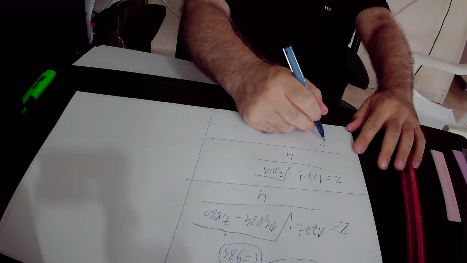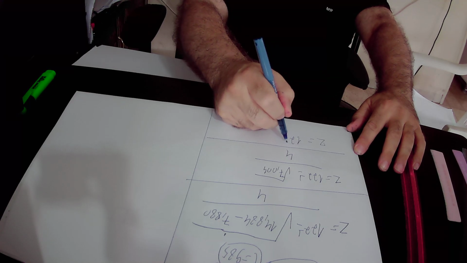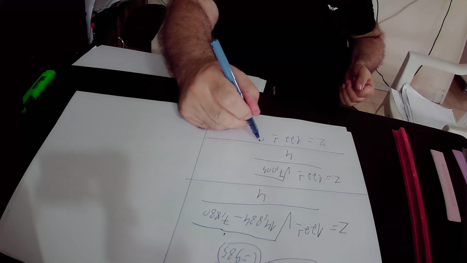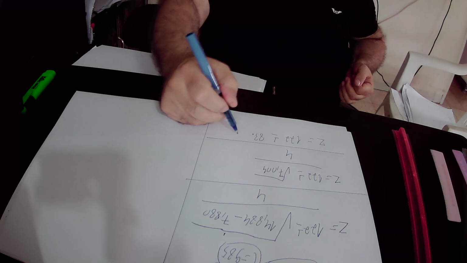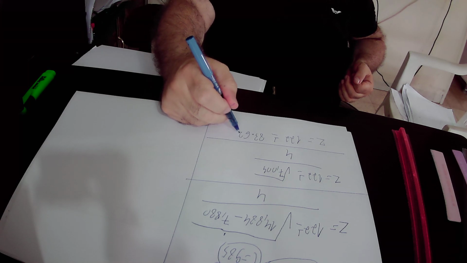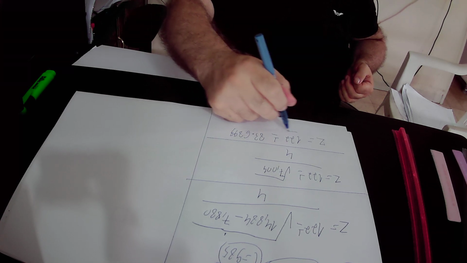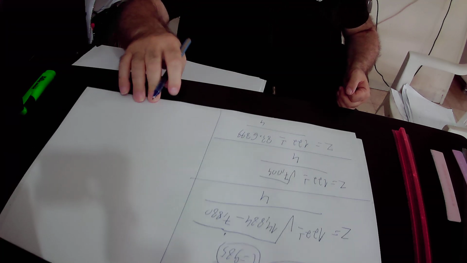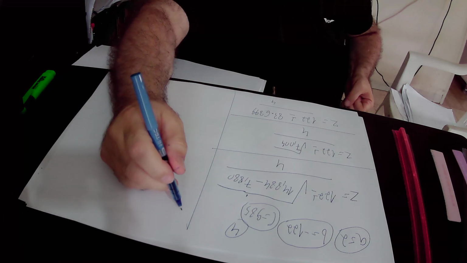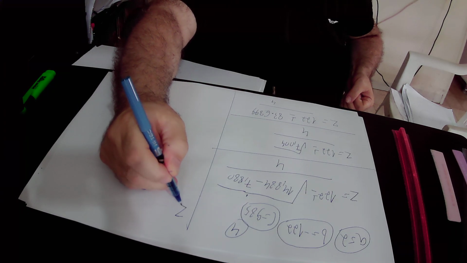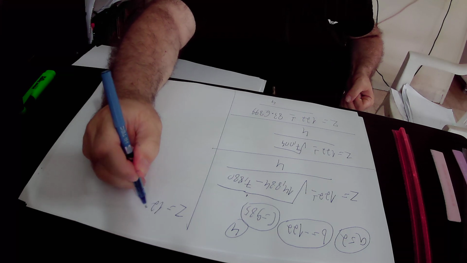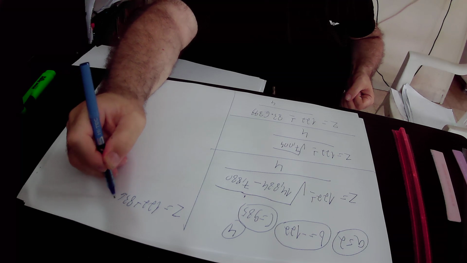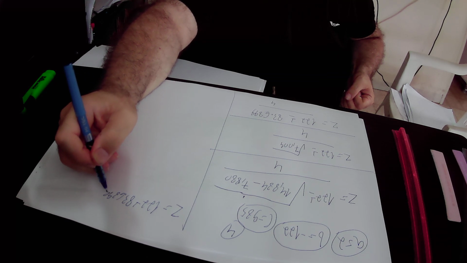So z equals 122 plus minus the square root of 7,004, which is 83.6899, over 4. So here we will have two possible solutions for z. The first solution for z is z equals 122 plus 83.6899 over 4.